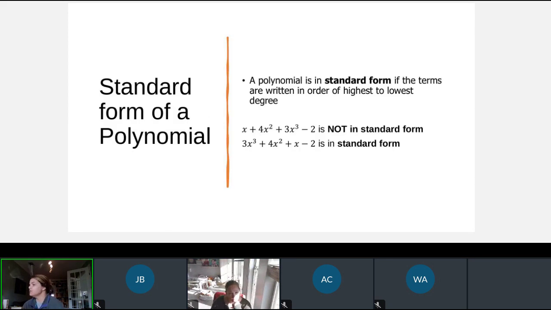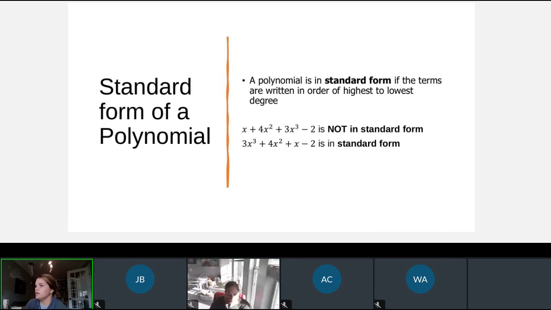Alrighty, so standard form of a polynomial is written in order of highest to lowest degree. We talked about this in the lesson video yesterday and in small group. When you rearrange your terms, if you took two terms that were like terms, we rewrite them and put the highest degree at the front.